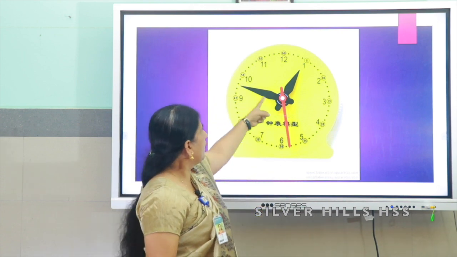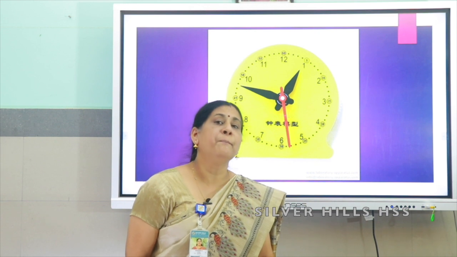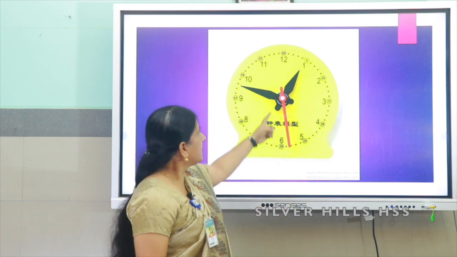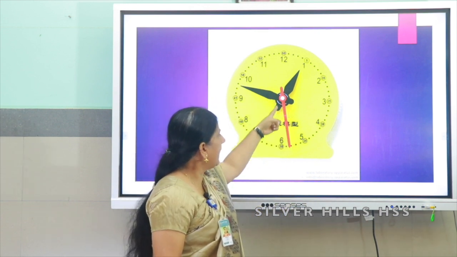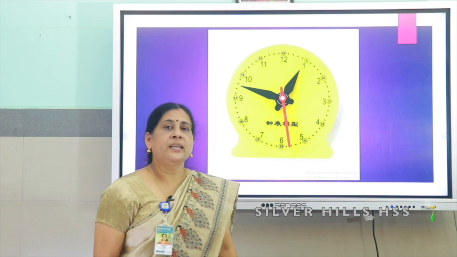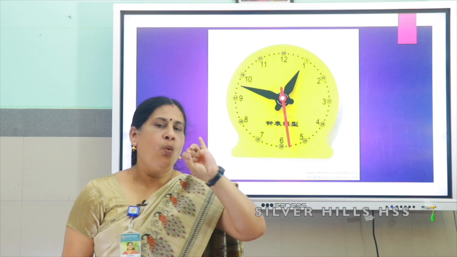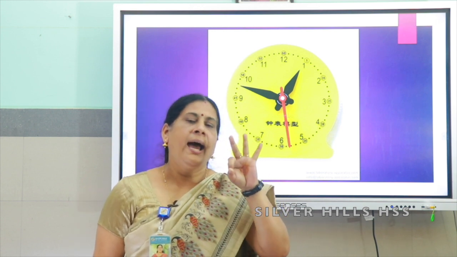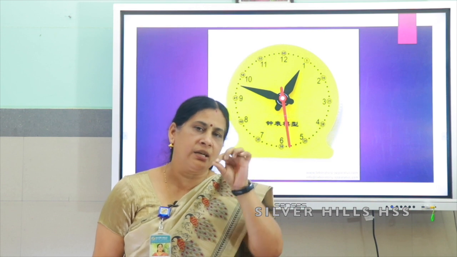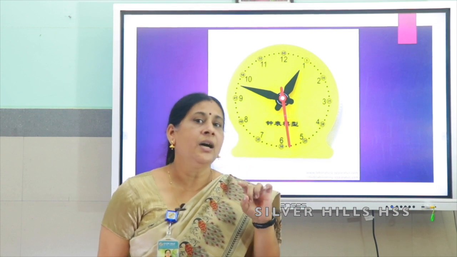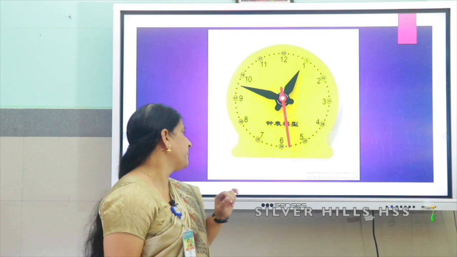The little bit long flat needle or the hand is the minute hand, and here a red hand is seen, that is the seconds needle. So there are 3 needles, one is the hour needle, the other one is the minutes needle, and the last one, the thin long needle, that is the seconds needle.